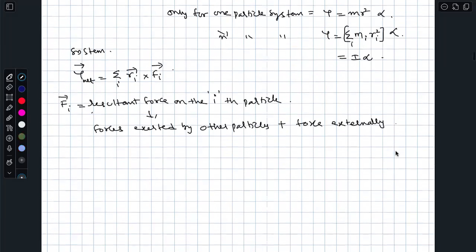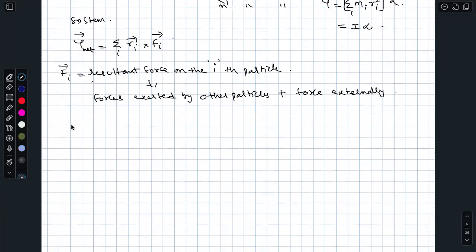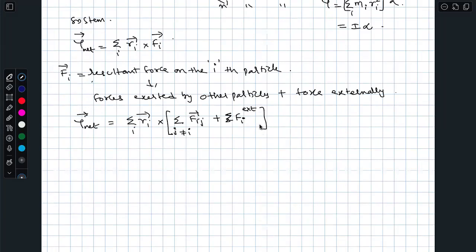Now I'll modify the equation like this. The net torque can be written as r_i bar cross sigma over j not equal to i, because the particle cannot exert force on its own. A jth particle will exert force on the ith particle, that is called F_ij bar, plus sigma F_i, and this is external force completely.